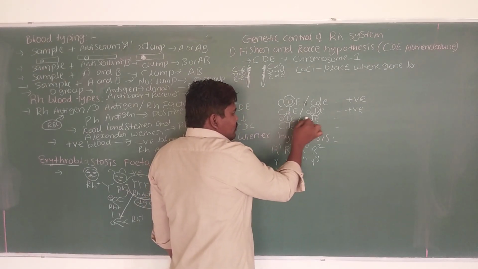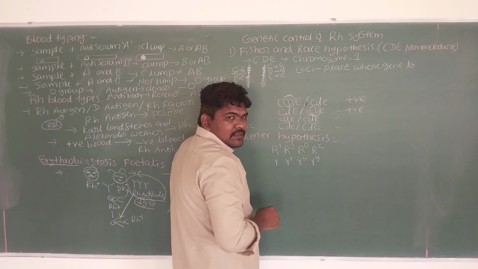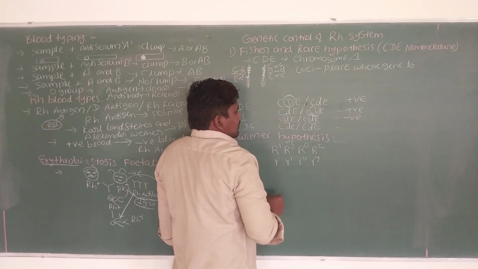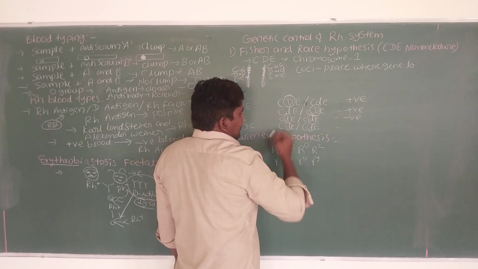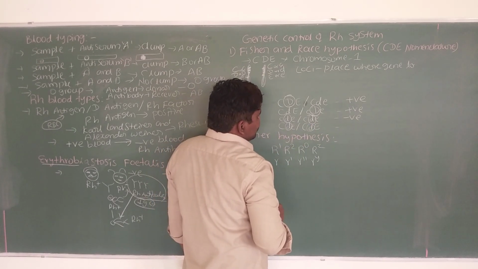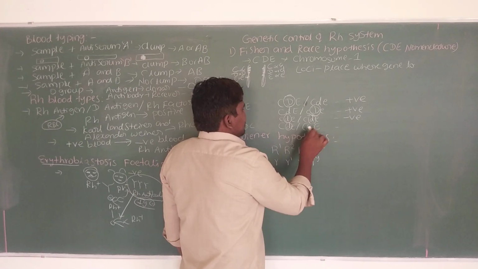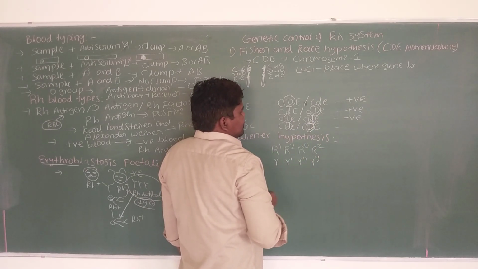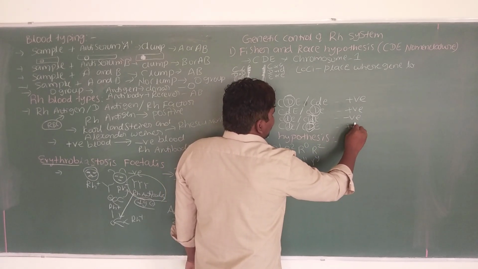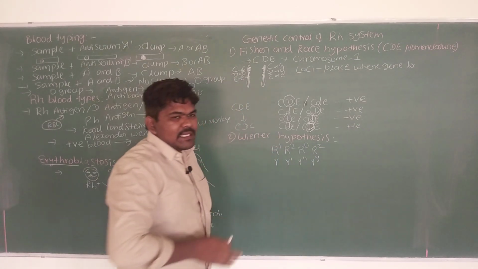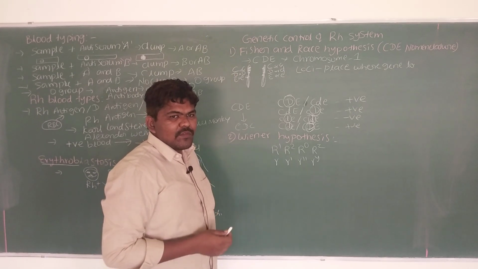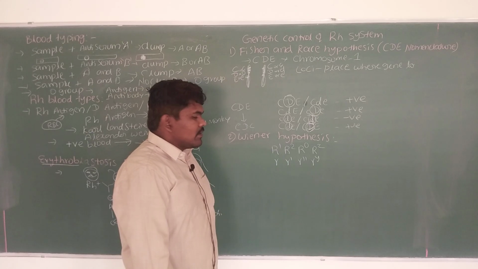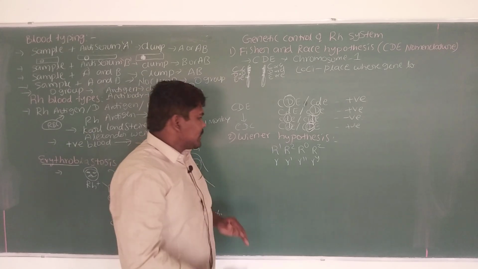If you see here, there are no capital D's, dominant alleles, hence those belong to the negative blood group. Here also there are no capital D's. Here you can write capital D. Here one capital D is there, those belong to the positive blood group. If any one capital D is there in the genotype, it leads to the formation of Rh antigen, then we can see formation of Rh positive blood.